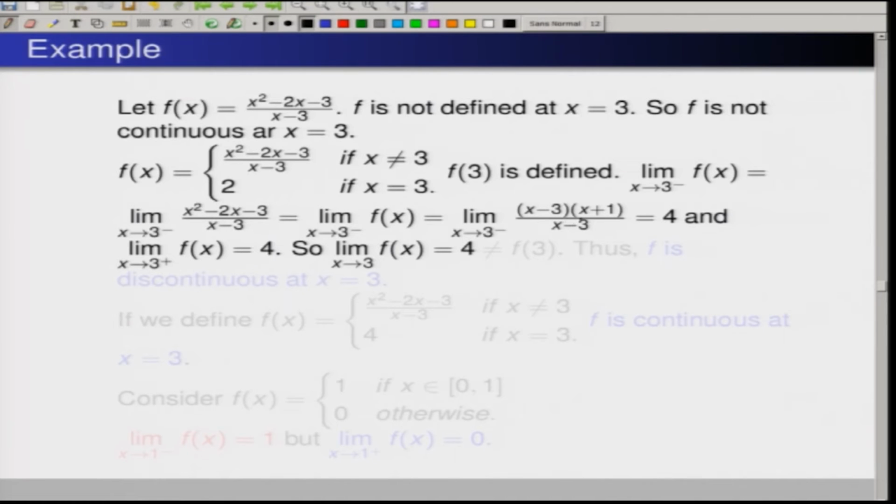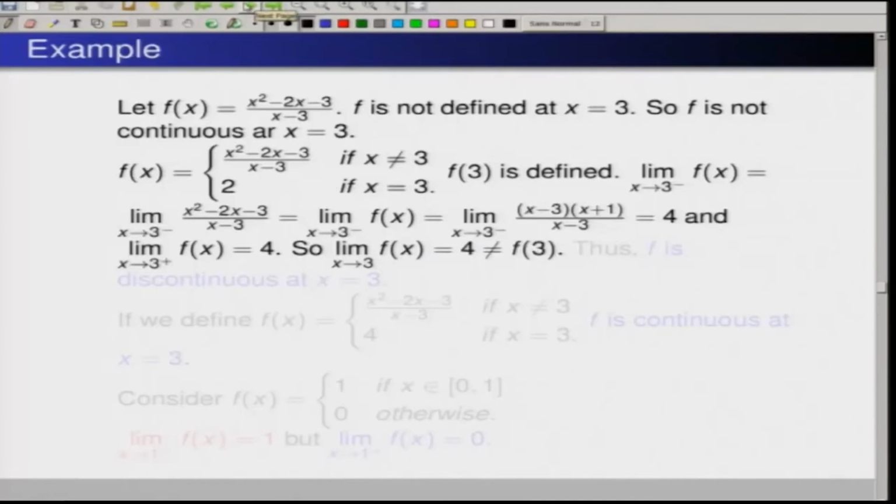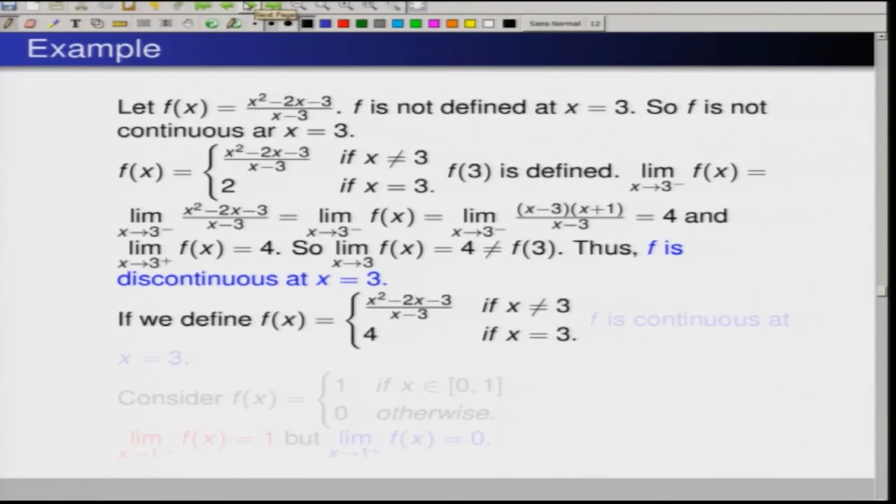So, we can cancel the numerator and the denominator, and the right hand limit will also be equal to 4. So, limit as x goes to 3 of f of x is equal to 4. However, this is not equal to f of 3. Thus, f is discontinuous at x equal to 3.